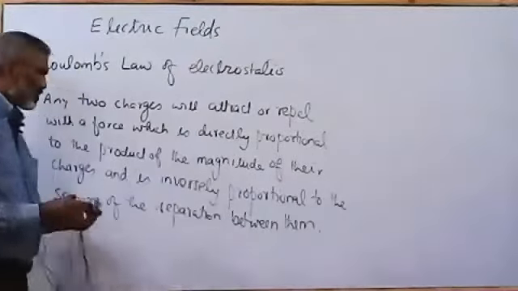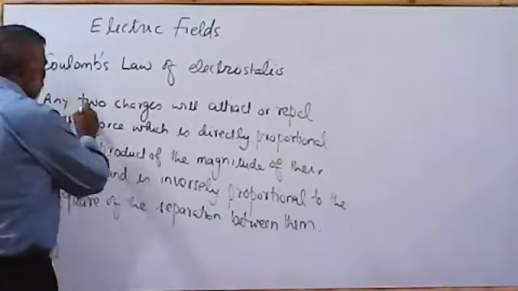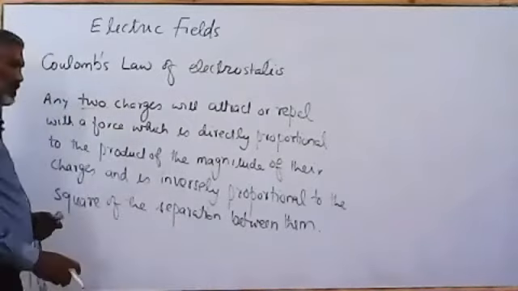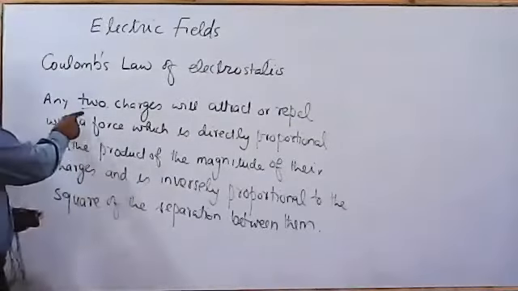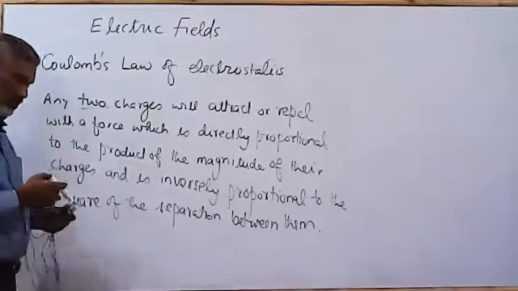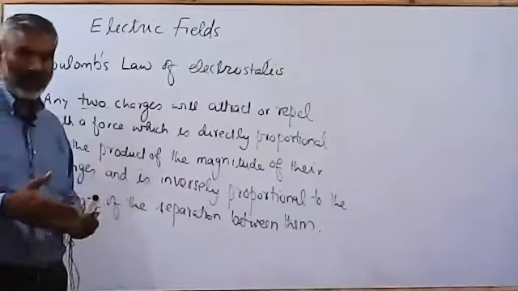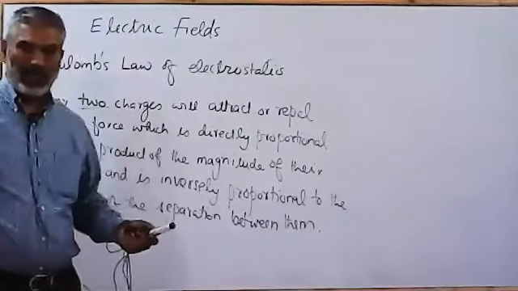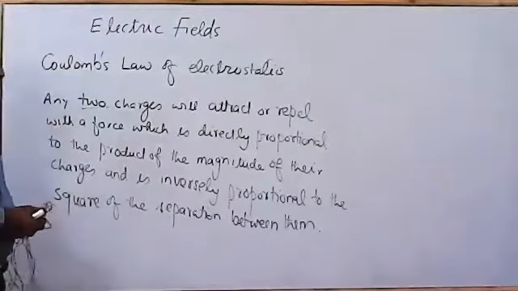So this is the statement. Any two charges, that means even if there are many charges present, we can individually consider any two. So the force that one charge exerts on the other is independent of any number of charges present around. So this is an important thing to remember.